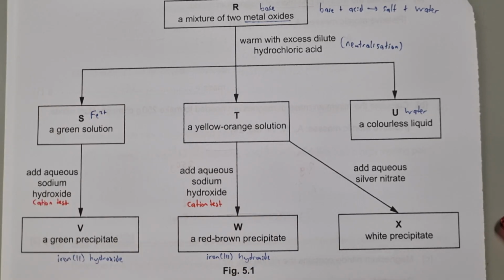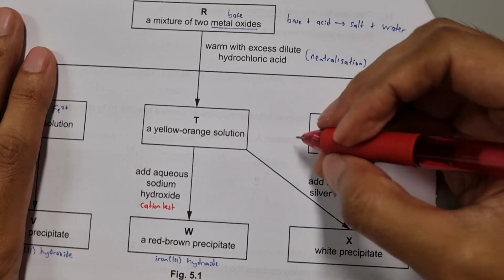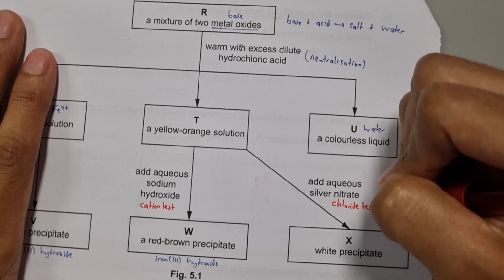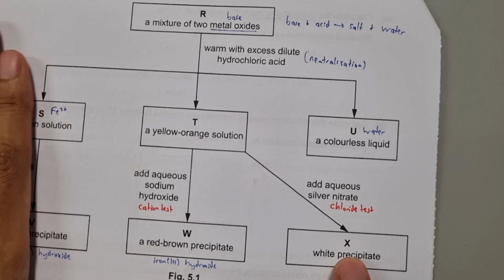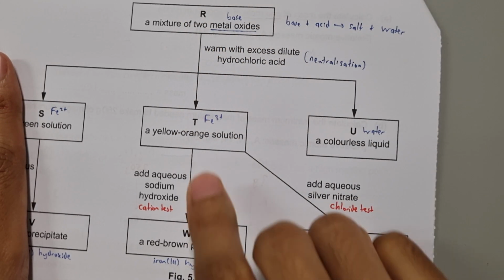Please remember that. And I have aqueous silver nitrate. This is your chloride test. There's white precipitate. By the way, just to add, this is iron 3 plus.